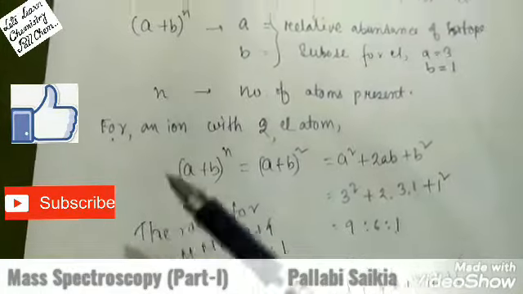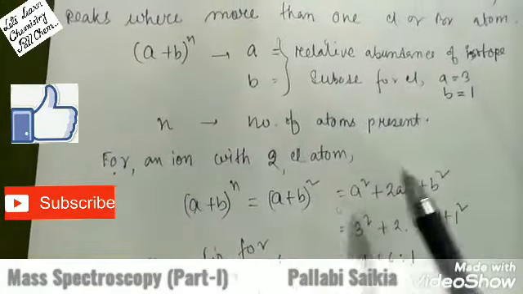Similarly, for bromine atoms also we can calculate, where a will be 1 and b will be 1. That's all for this video. In the second part of this video, we will decide the numbers of fragmentations for different functional groups. Thank you.